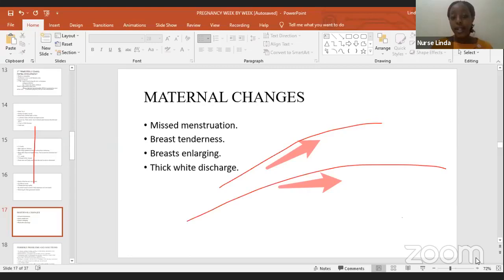Now, the breast tenderness also is related to the breast trying to enlarge and prepare for breastfeeding. You see, the brain already knows that there's a baby coming, and so it needs to start preparing the body to be able to produce milk for the baby after birth. So that's why we also have breast enlarging, and then there is also thick white vaginal discharge.